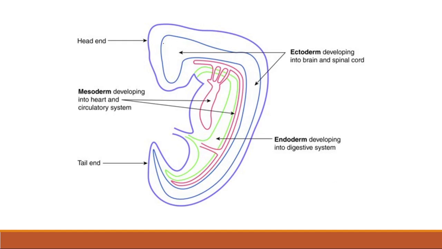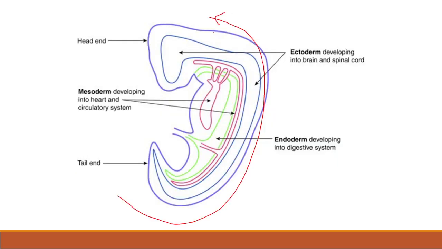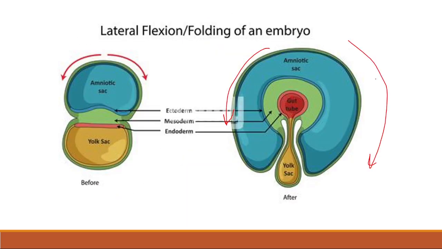So this is craniocaudal, so it becomes like this, and also lateral. So if you take a cut section from the patient head, so if you could imagine, this is the top of the embryo head, you're going to see the lateral folding. Okay, so craniocaudal folding, the lateral folding, right?